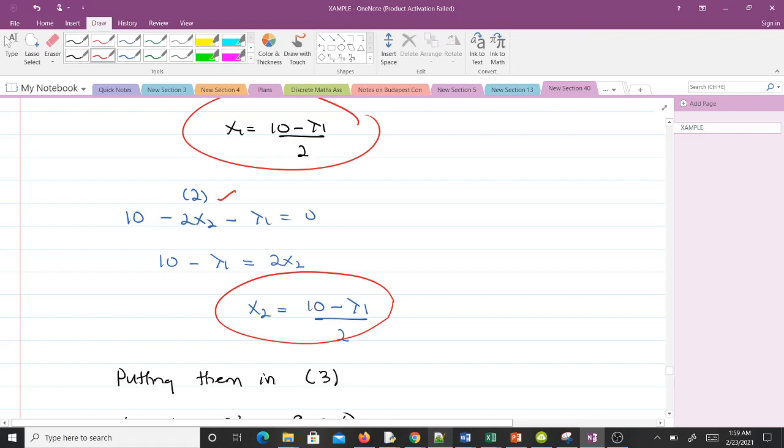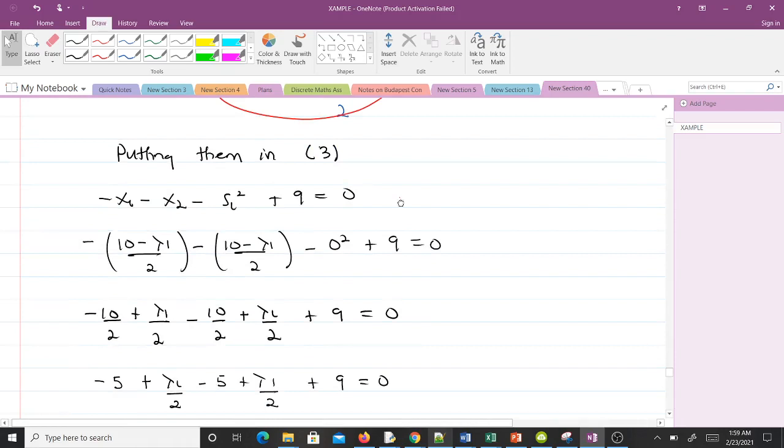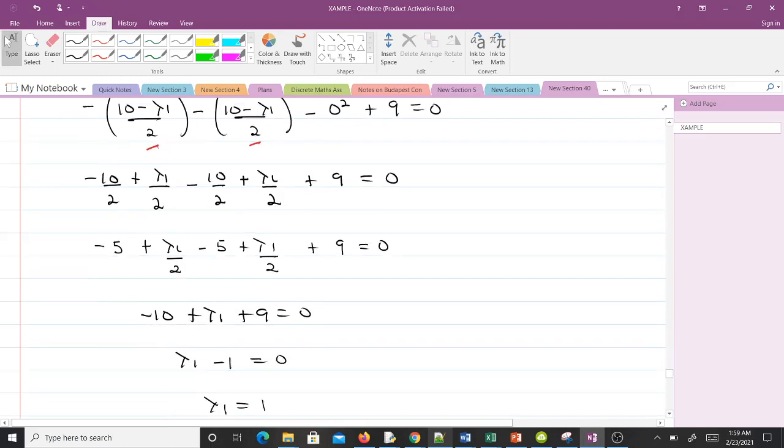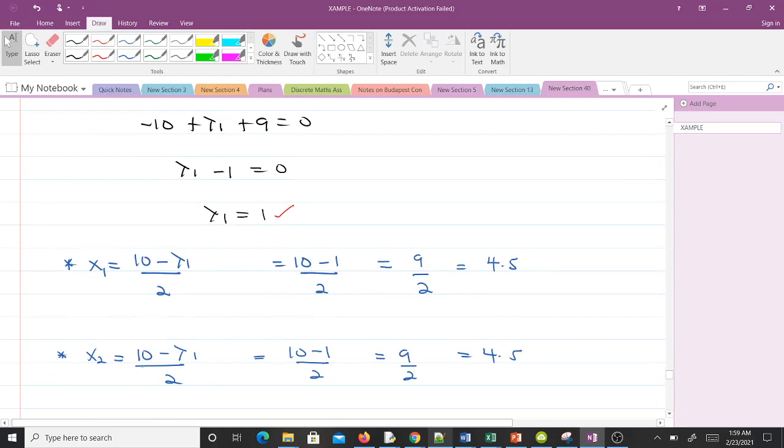So putting x1 and x2 into equation 3. So this is equation 3. Wherever we find x1, we put this there, and x2, we put this there. Solving this is going to give us lambda 1 to be 1. Recall that this is our x1.